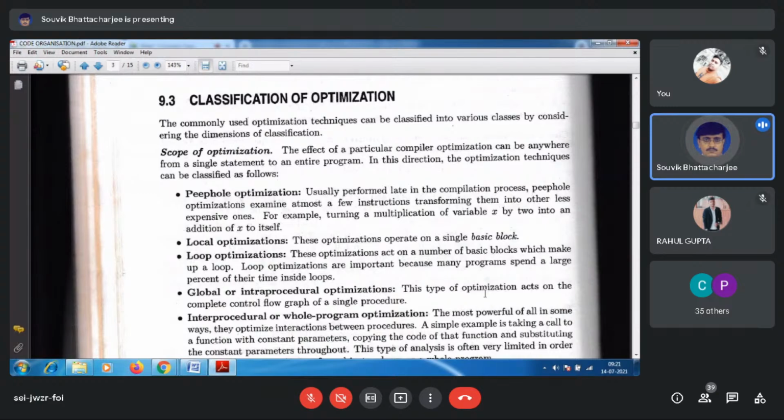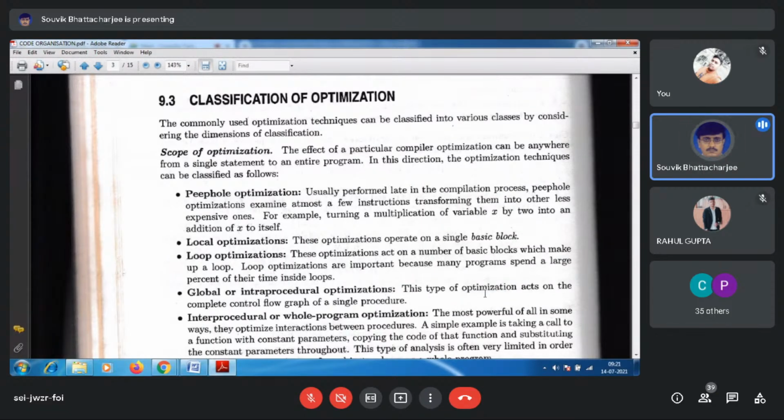Loop optimizations are important because many programs spend a large percentage of their time inside loops. In a loop, you can optimize, as we will see, and this is one of the efficient optimizations. You can reduce some time based on loop optimization.